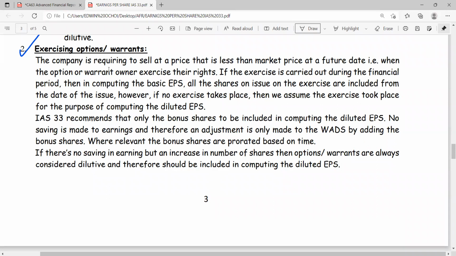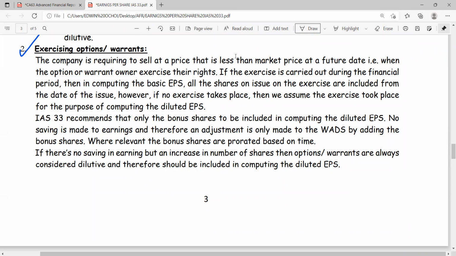That is when the options or warrant owners exercise their rights. That is in terms of the shares. So if the exercise is carried out during the financial period, then in computing the basic EPS, the shares on issue on exercise are included from the date of the issue.